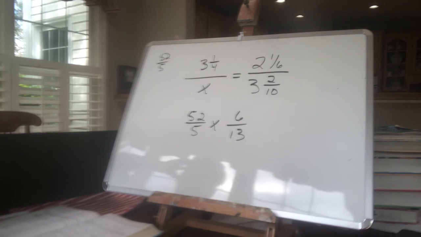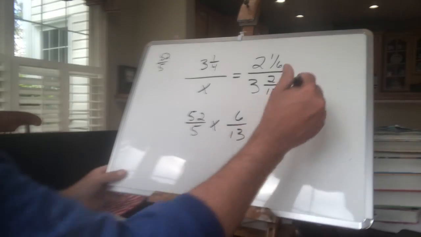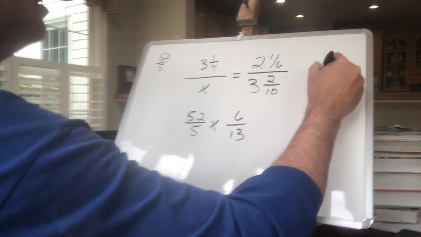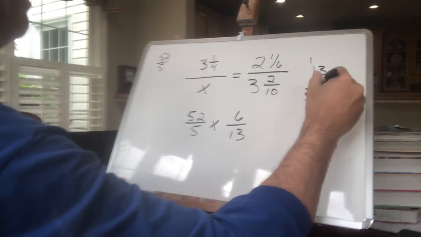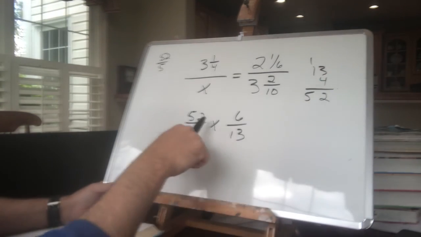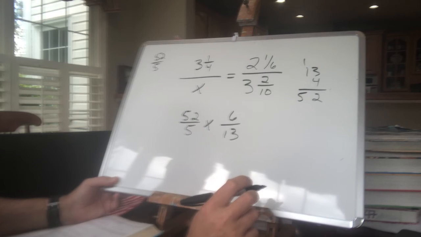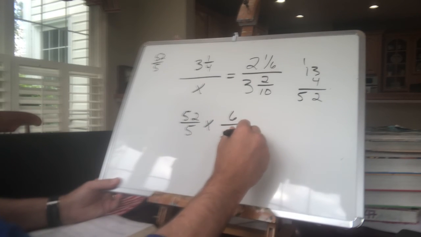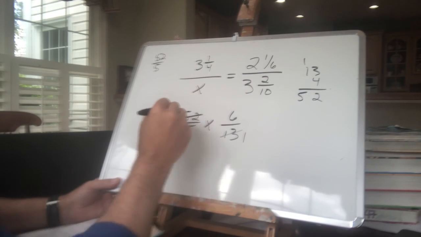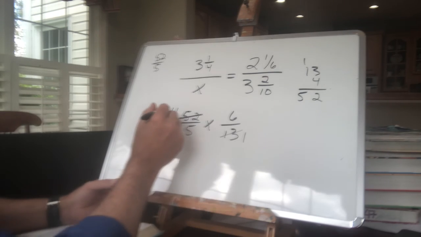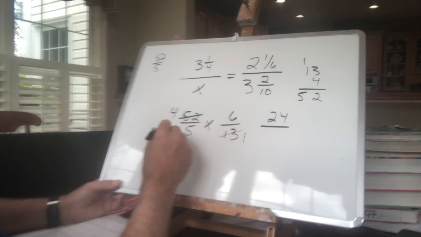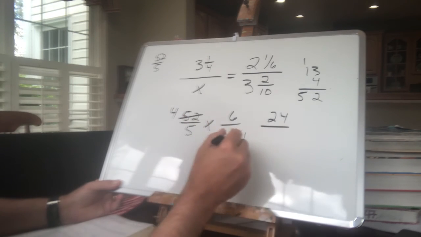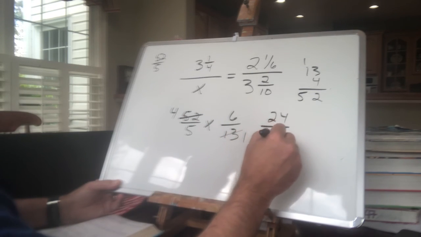Now I try to reduce as best I can. 13 times 4 is 52, so these two go into each other perfectly. That's going to be a 1. That's going to be a 4. I'm multiplying. 4 times 6 is 24, and that's as reduced as I can get. And 5 times 1 is 5.